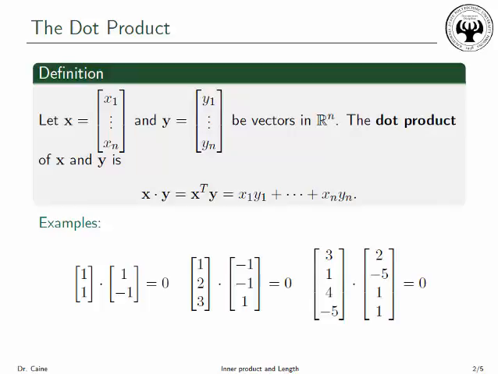Adding those together, we have negative 1 plus negative 2 plus 3 equals 0. Correspondingly, we have an example in R4, 3, 1, 4, negative 5, dot with 2, negative 5, 1, 1. The products are 6 minus 5 plus 4 minus 5, which you can see adds up to 0.